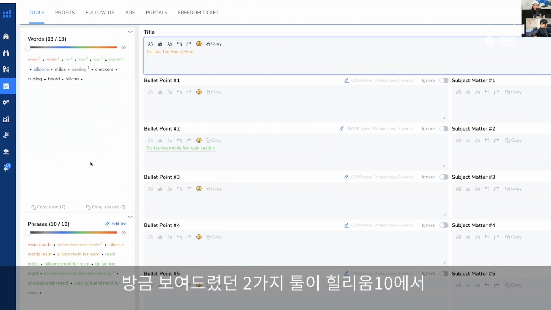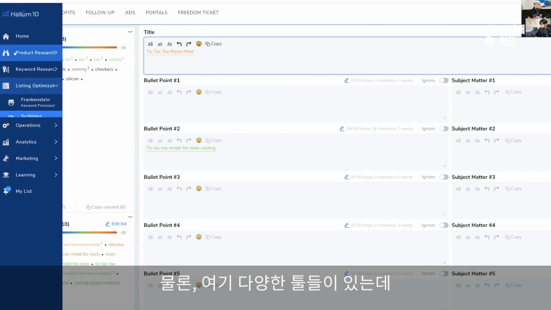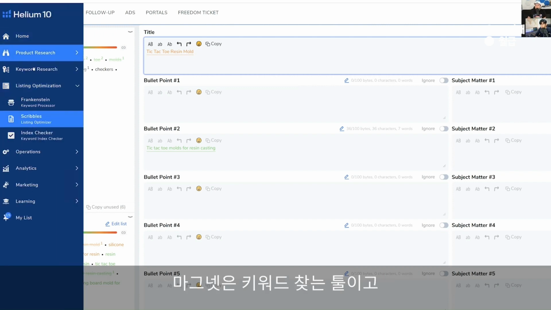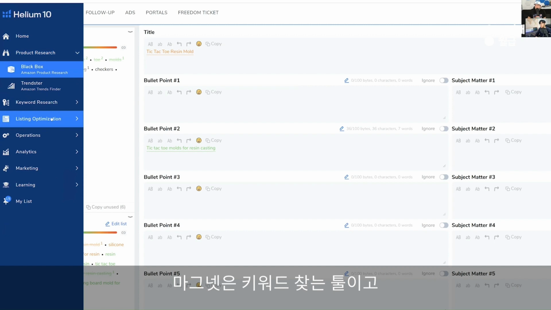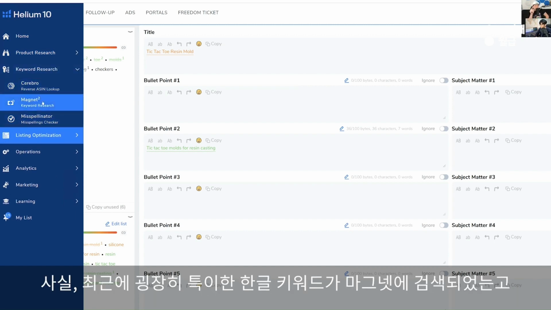Cool. So these are the 2 biggest, I think the easiest ones that sellers of any level can find immediate value in using a tool like Helium10. But obviously we have other tools. We have the Magnet tool, which allows us to search for words. And it's interesting, lately there have actually been some Korean words come up in search volume.